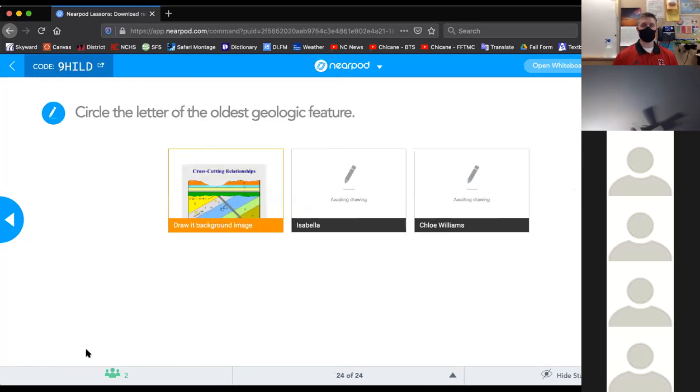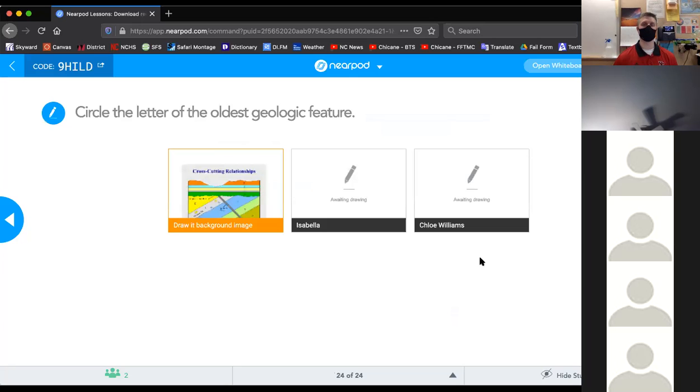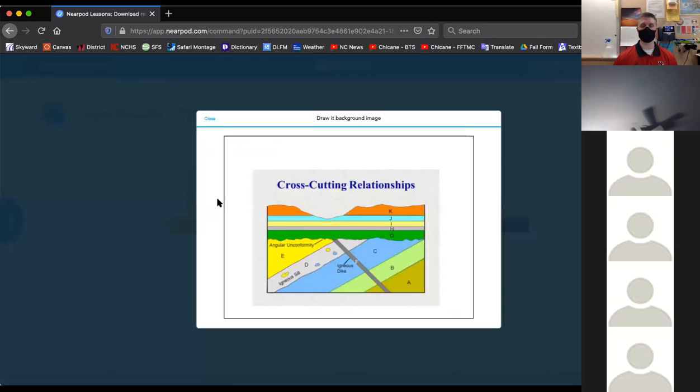And then the last little thing, on that diagram, you can just circle the oldest geologic feature on the diagram.